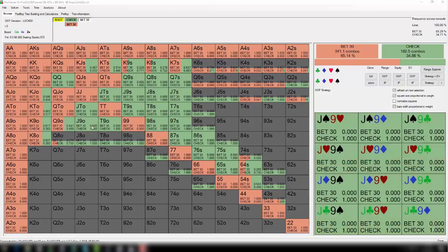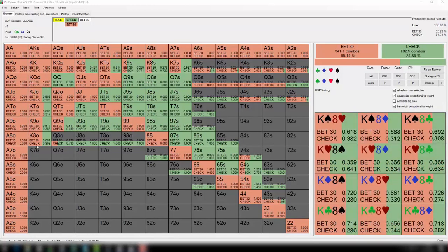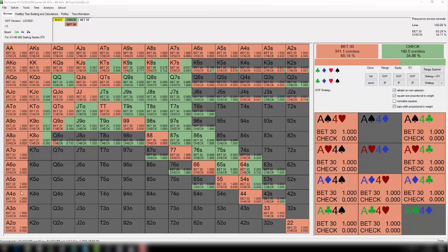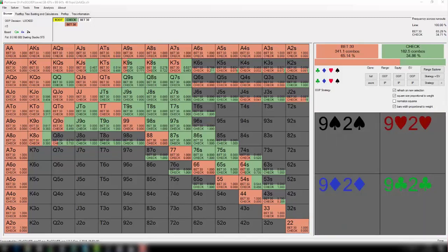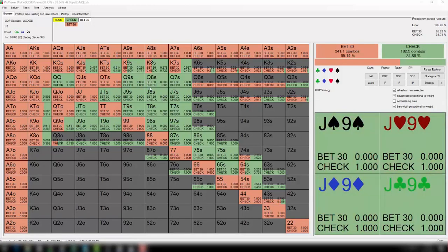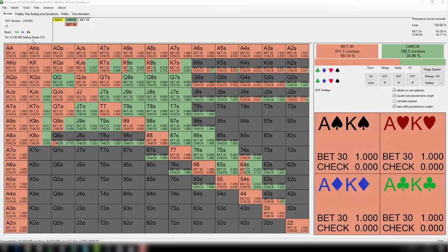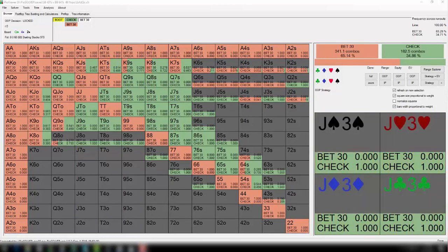And then by adding lots of value to that merged range and merging it further with all the ace-x and keeping out all the bluffs, we found a range that would allow the small blind to check-fold the flop with the frequencies that the pool are doing. But even then they had to check-raise some hands that we know just aren't getting check-raised, like Queen 9 through Queen 8 on the Queen-high board.